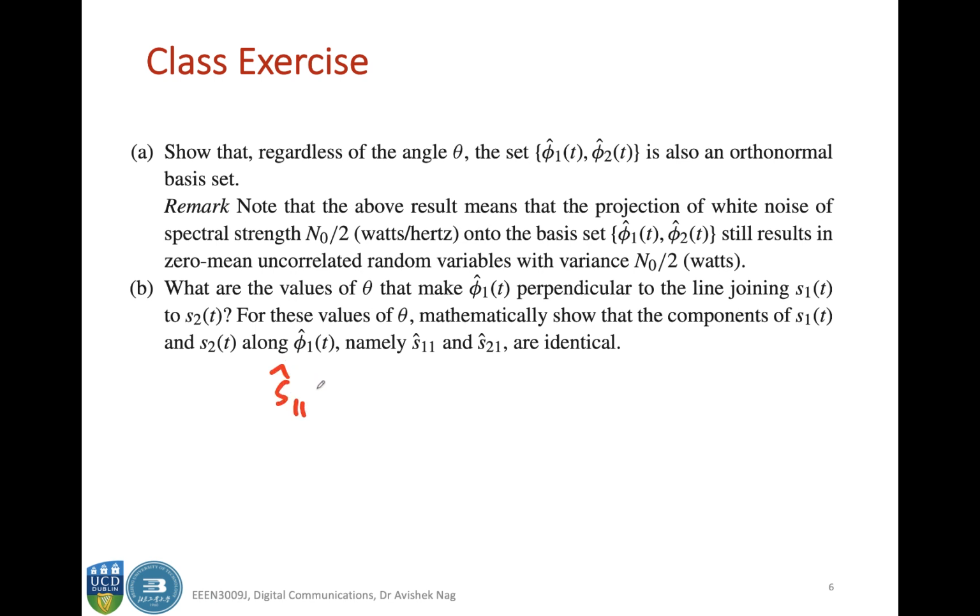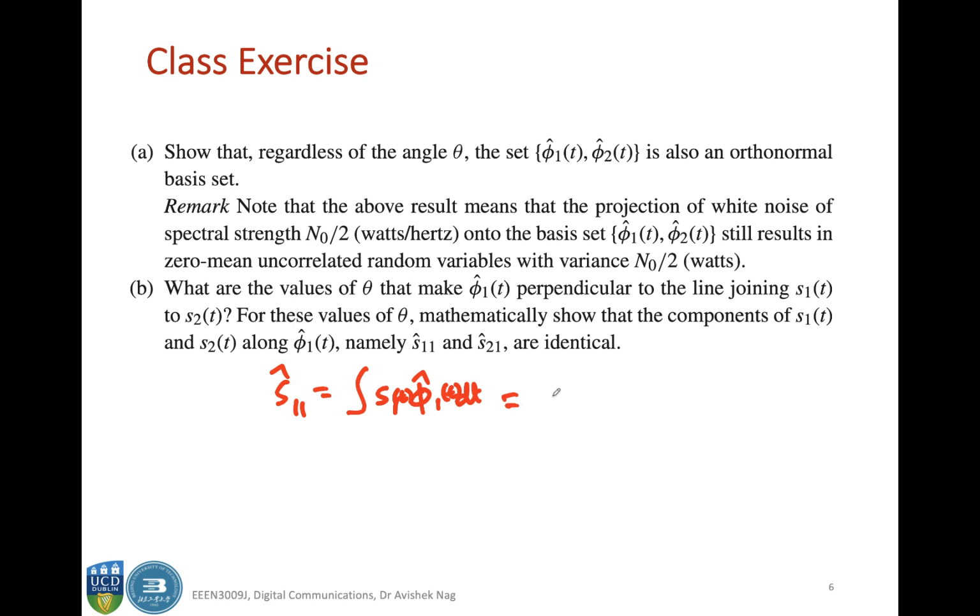S11 hat is nothing but the integral of S1(t) phi 1 hat(t) dt. Sometimes I tend to omit this t in the parentheses for simplification, but they mean the same.